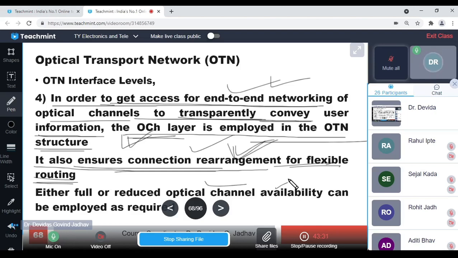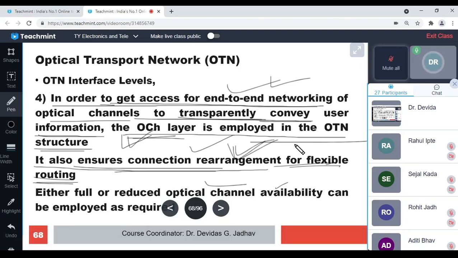Full optical channel availability or reduced optical channel can be employed as per the requirement. Sometimes the optical channel may not be filled completely and it may be empty. In those cases, with an efficient algorithm, OCH can do routing, rerouting, restructuring, and the additional load of multiple nodes can be combined.